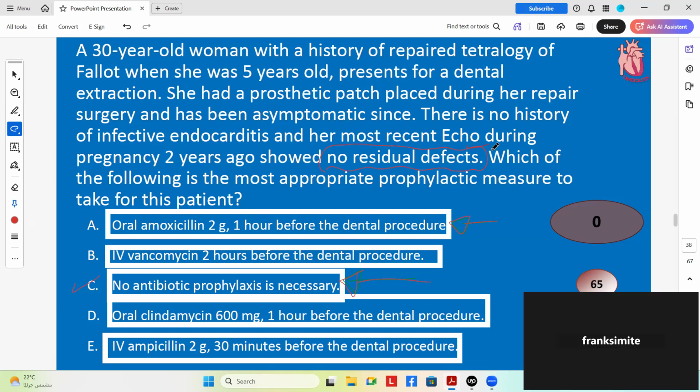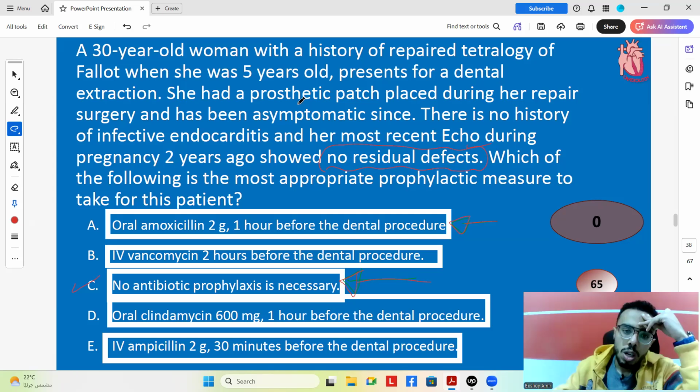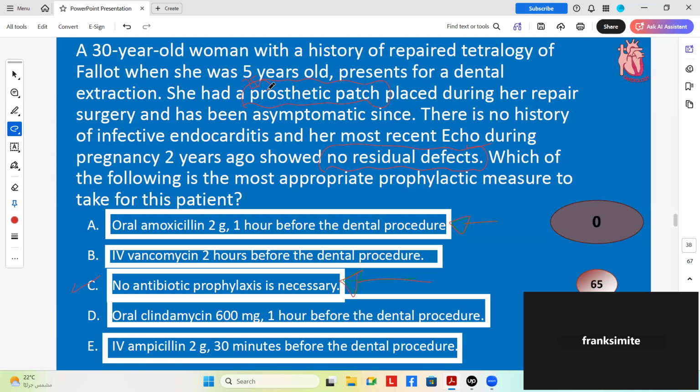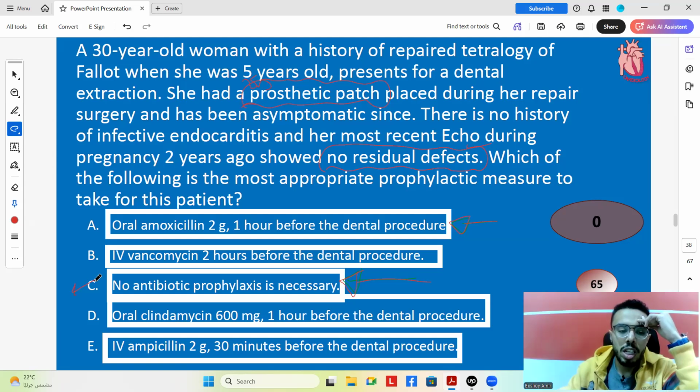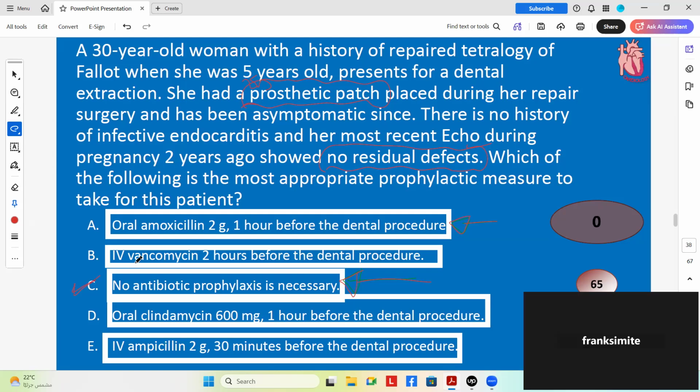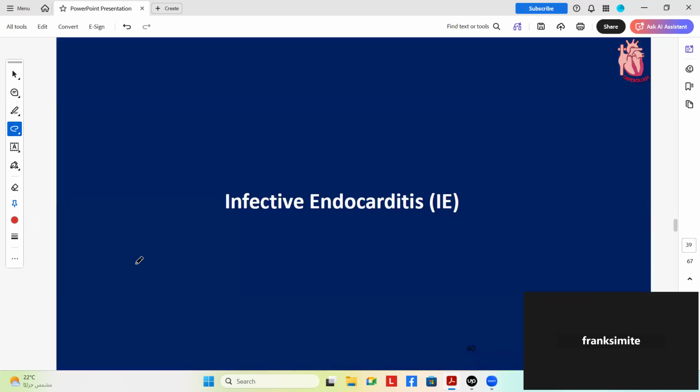That's the first part. Also, we have a prosthetic patch, but it's 25 years ago, and more than 6 months, then we are fine. So that's why she needs no antibiotic prophylaxis.